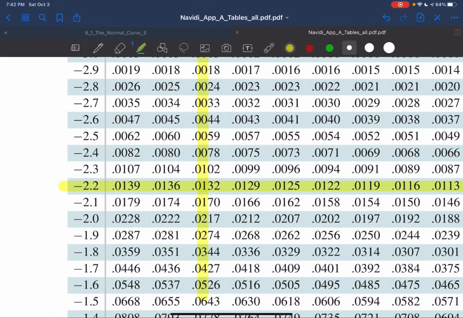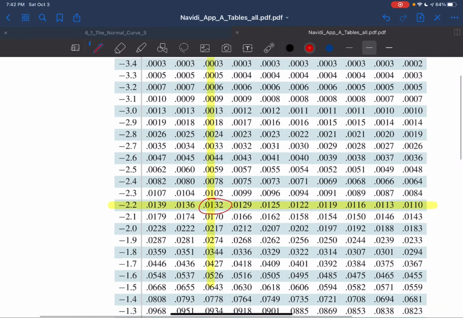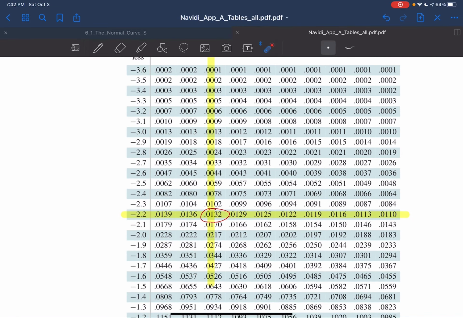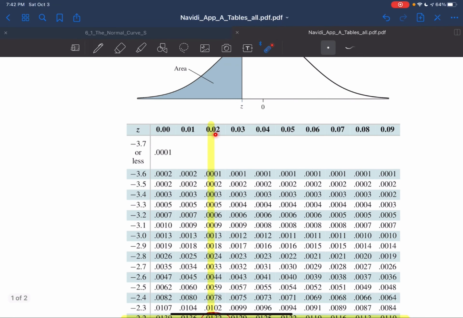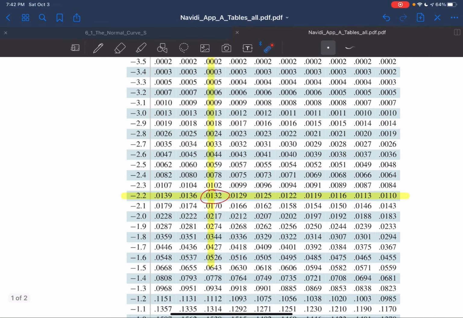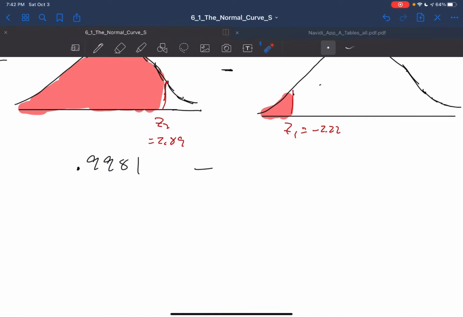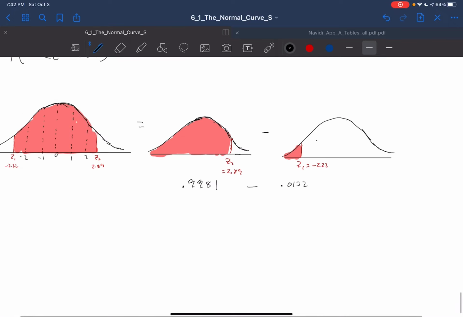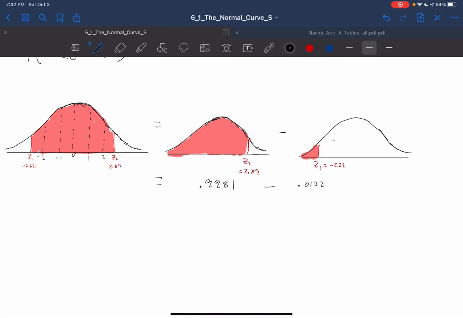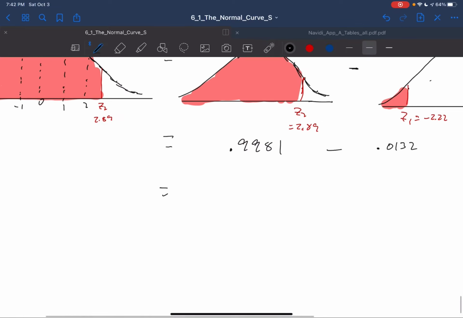This value is the area to the left of a z-score that is negative 2.22, which is 0.0132. So then the area between z1 and z2 is going to be 0.9849.